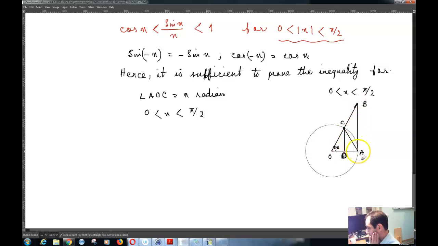Now you can also join line AC as well, and based on the construction, you can write the area of triangle OAC.